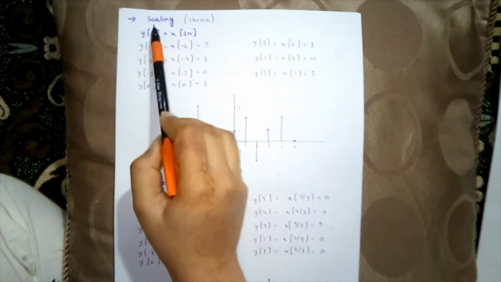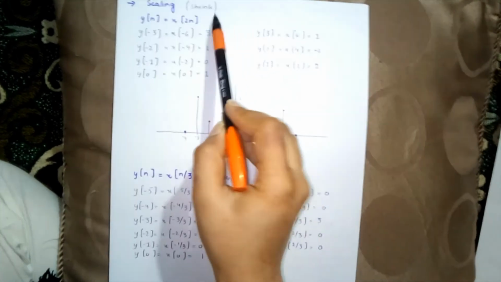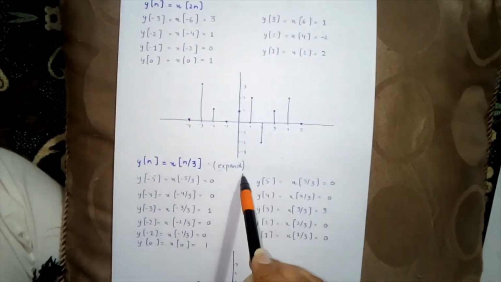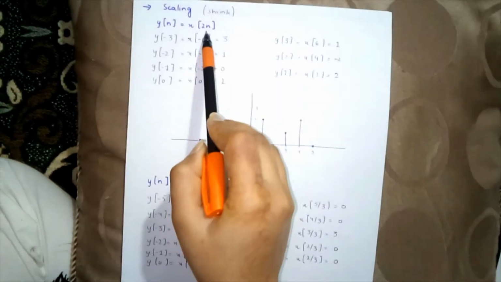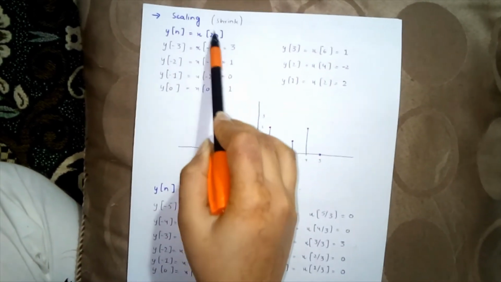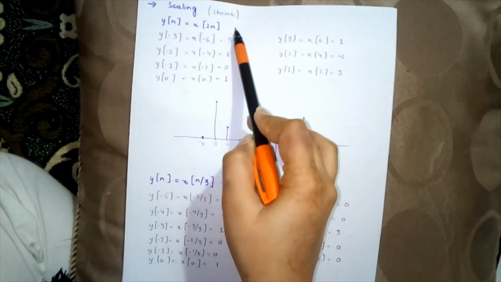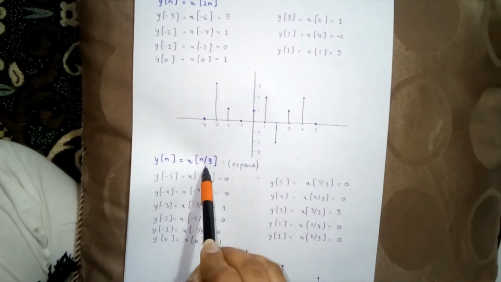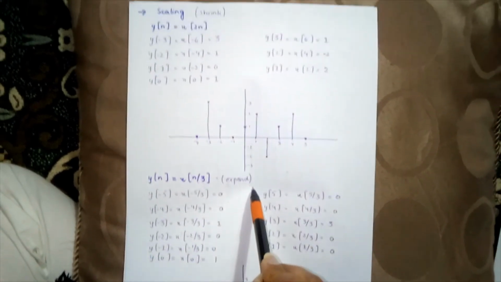The third one is the scaling operation. In this operation, the signal can shrink or expand. If we multiply the function's argument by some integer, the signal shrinks, and if we divide it by some integer, the signal expands.